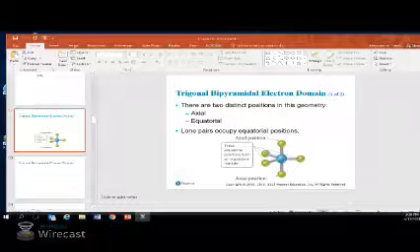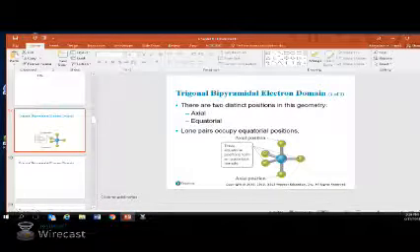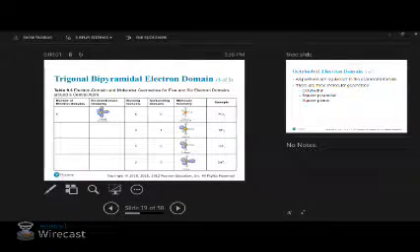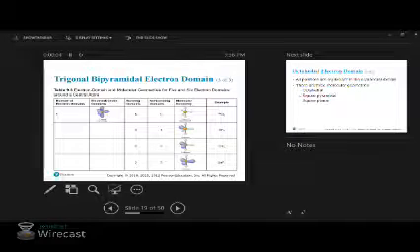Let me show you with the PowerPoint and explain this. 5 electron groups with no lone pairs, trigonal bipyramidal. 5 electron groups, 4 bonding, 1 lone pair, seesaw. 5 electron groups, 3 bonding, 2 lone pairs, T-shaped. 5 electron groups, 2 bonding, 3 lone pairs, that is linear.